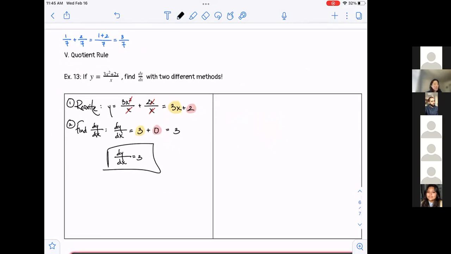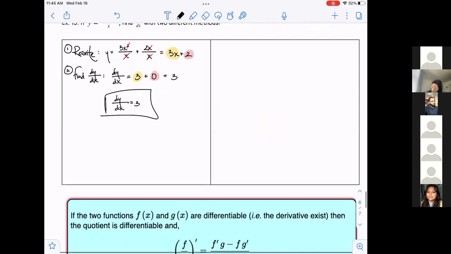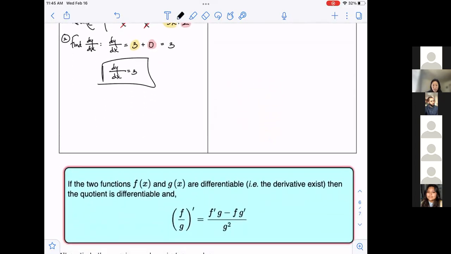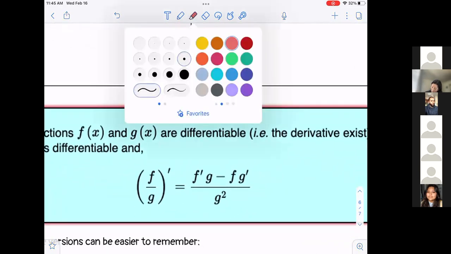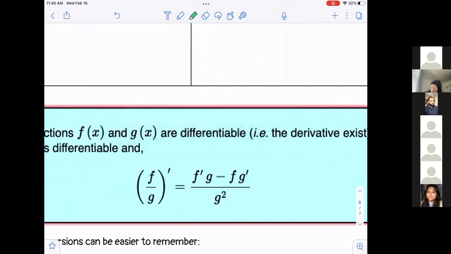Let's try the quotient rule. Okay. So again, we've got a little rule down here, right? We're using the letters F and G, but like before, we're going to use U and V, only because sometimes functions are already called F or already called G. So if we have F, I'm going to take its derivative, multiply it by the bottom.